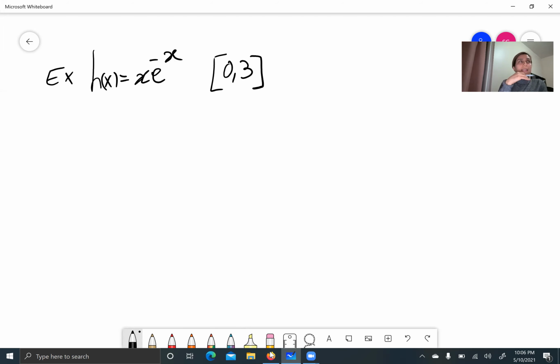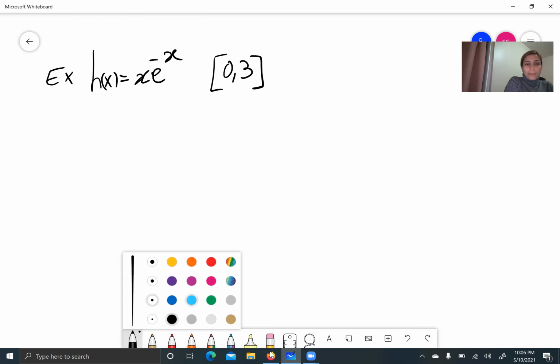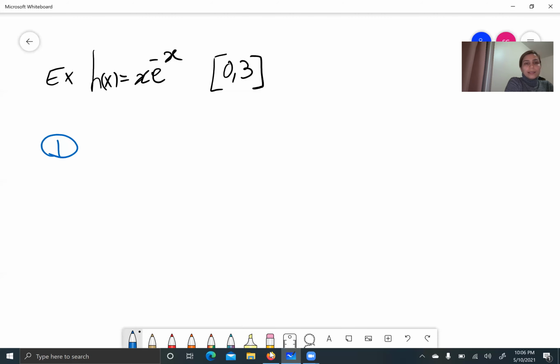So by the extreme value theorem, we know that because the function is continuous and the interval is a closed interval, there exist an absolute maximum and minimum. We know that there are such values, but what are those values? So first step: the first step is find all critical values.